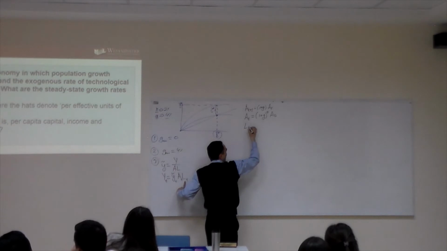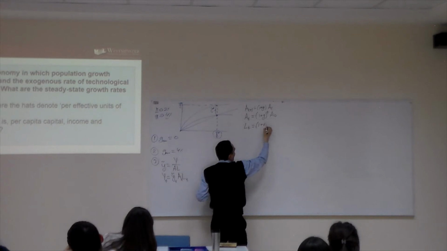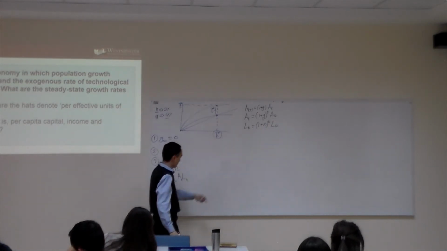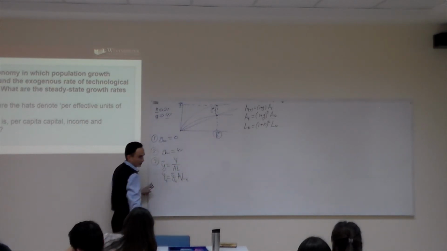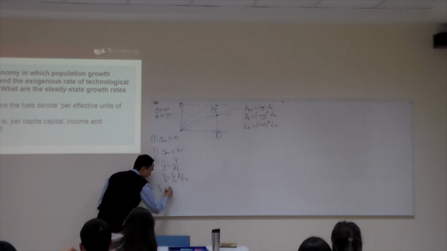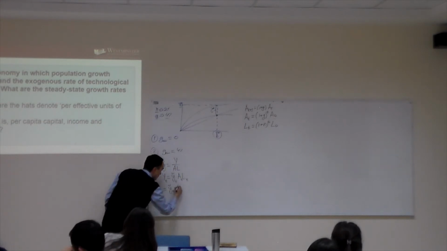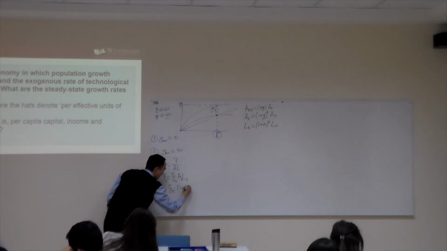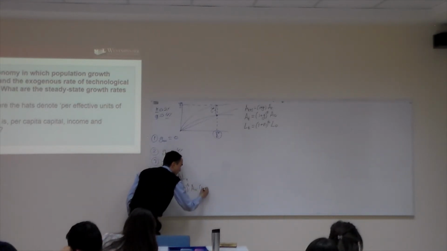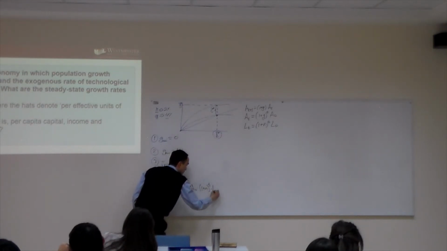Because it's growing, our labor for any t years is equal to 1 plus growth rate of population to the power of t times initial level of labor. So you can place it in here now. Then you can write it as Y_t is equal to output per effective labor times (1+g)^t times initial level of technology times (1+n)^t times initial level of labor.